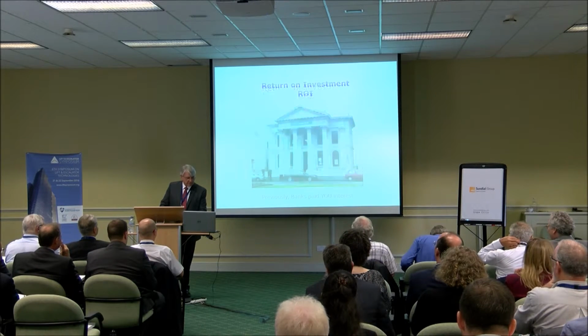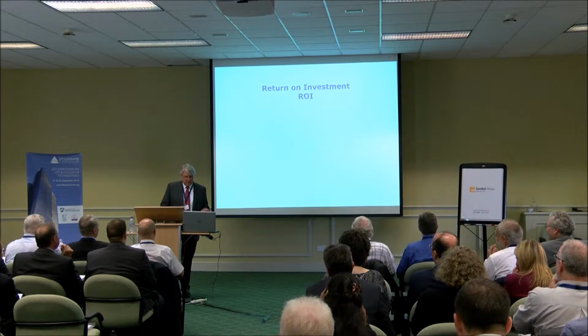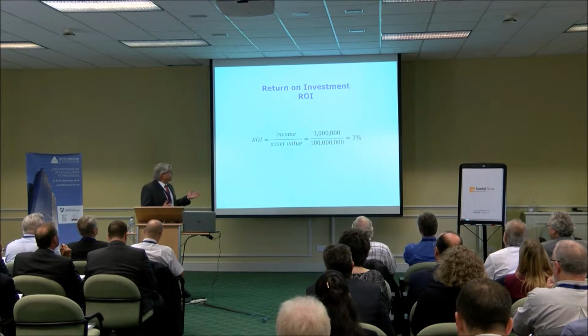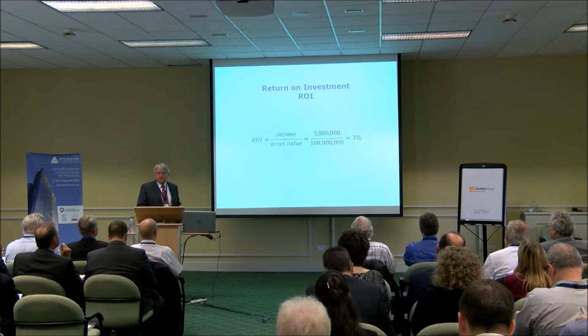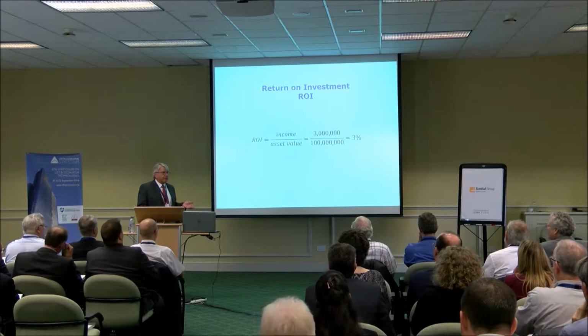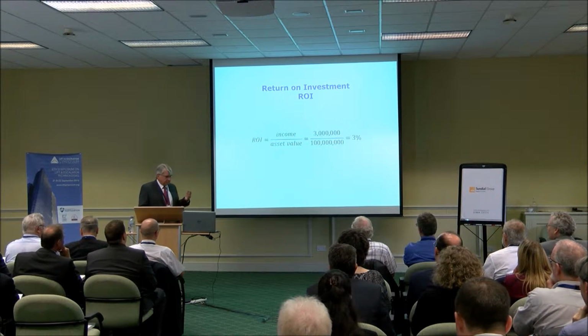And so when we calculate return on investment, we want to look at what is the income. In this case, we put 100 million pounds, euros, dollars, doesn't matter, in the bank, and they give us 3 million in interest. So our return on investment is 3%. And you won't get that today, but you could.